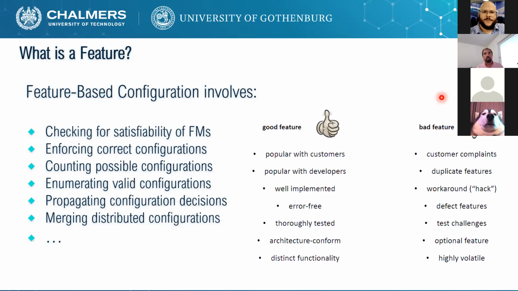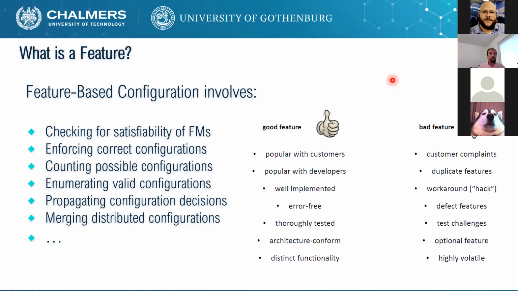Here is a list of good and bad practices in feature selection. You want to select those features that are most popular with the customer, not with you, but the customer, stakeholders. Popular with developers. If developers don't like them, feel that they are troublesome and they are gonna cause issues, you have a problem.